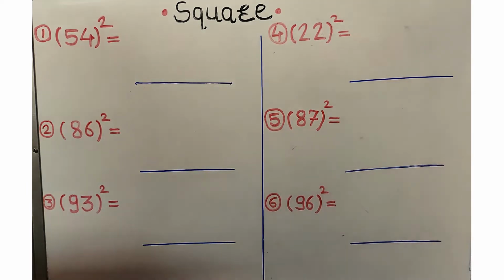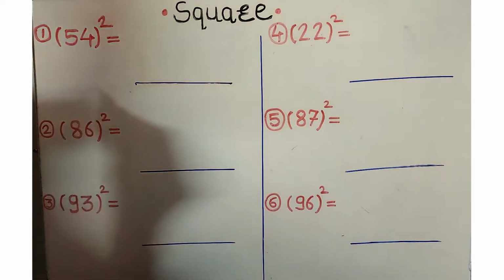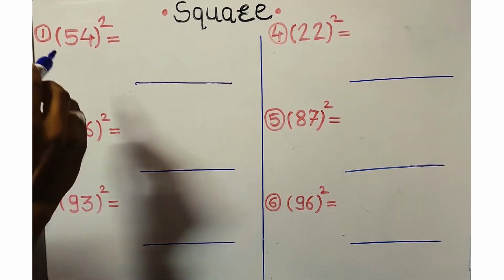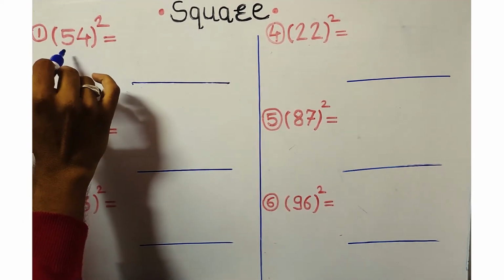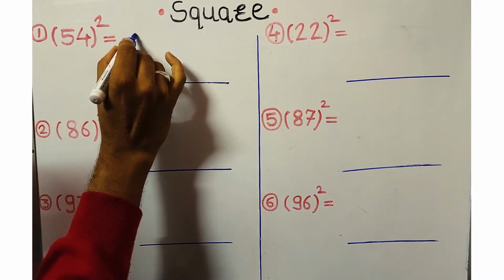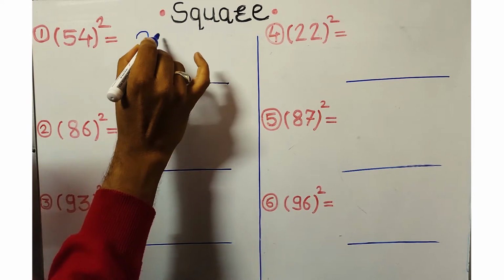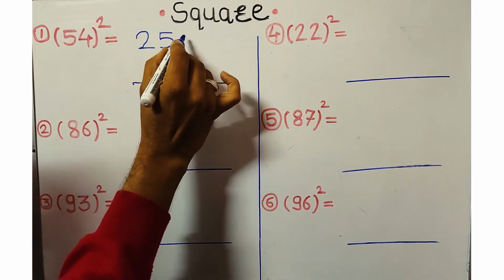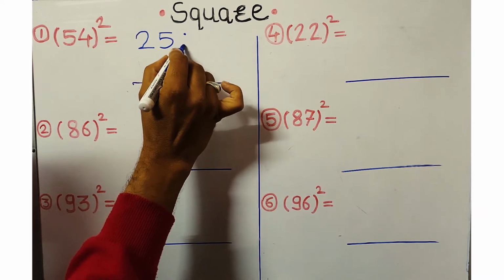In the first example, we learn how to find the square of 54. First, you have to do the square of 5, that is 25. Just put two dots here.